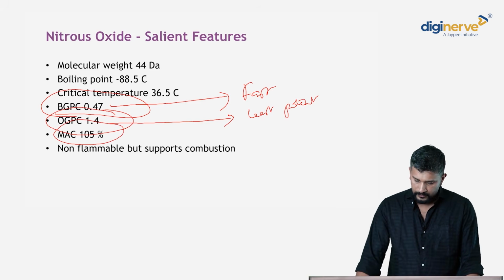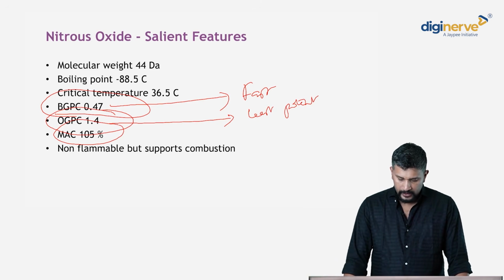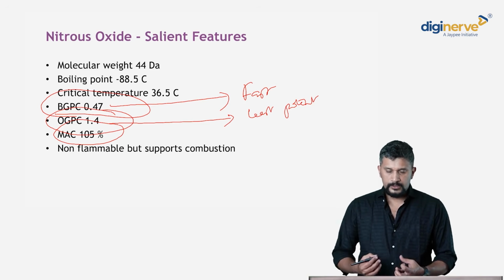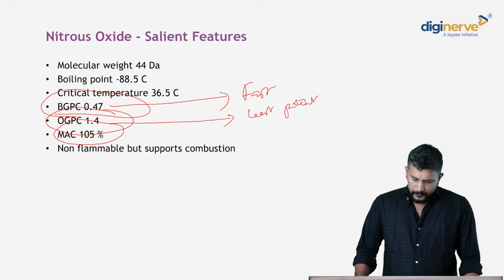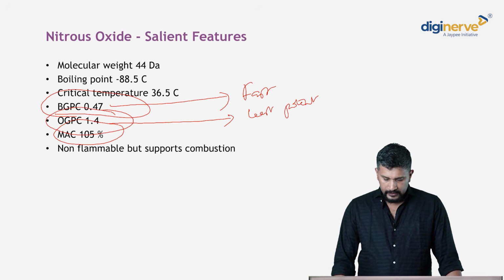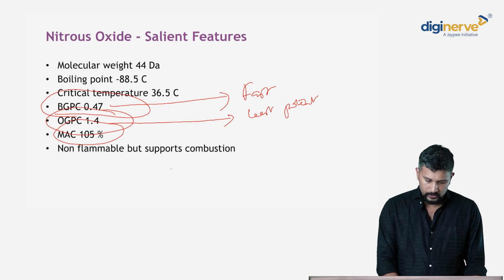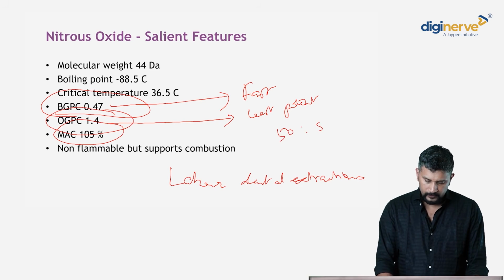Now, something we need to remember is that nitrous oxide cannot be used as a sole anesthetic agent because it is the least potent. It is often used in combination with a more potent volatile anesthetic agent. For its analgesic and anxiolytic properties, nitrous oxide is commonly used in labor analgesia and dental extractions, often in a ratio of 50 to 50%.